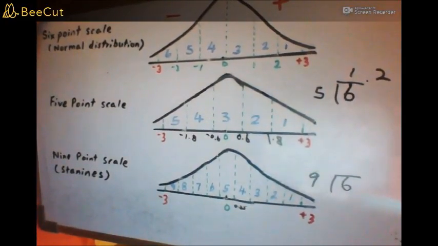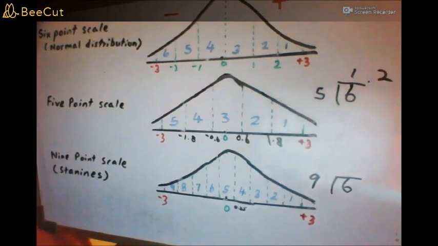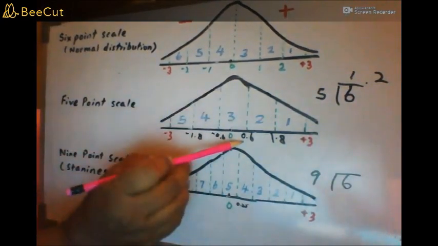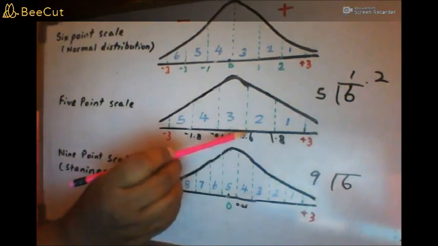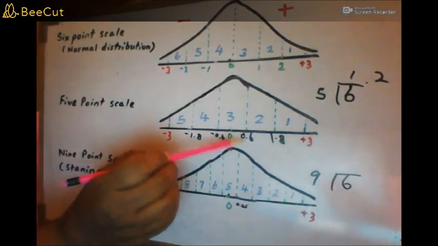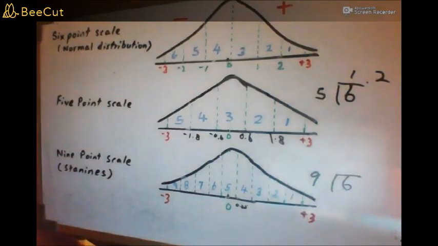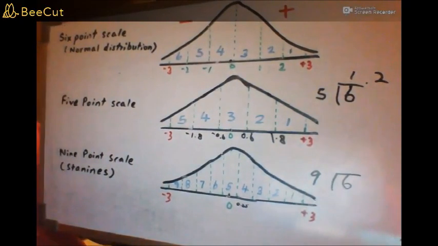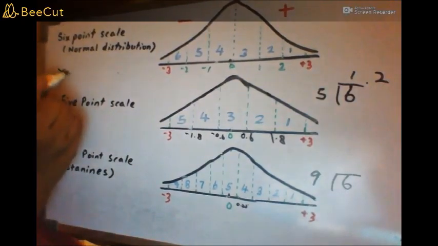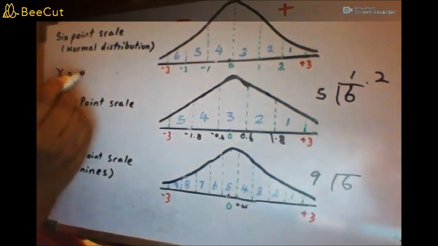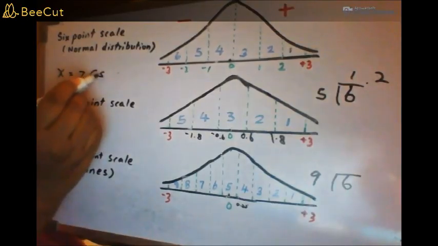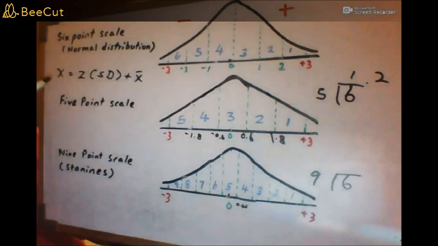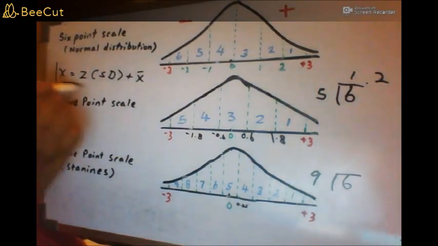We are not going to do the calculations for 5-point and 9-point, but here the Z score is given. We know the Z score. If we want to find the relevant mark, right, then we have to get this formula. What is the formula to find a mark? X equals what? Z into standard deviation plus X bar. Remember this, right? If you want a mark, this is the formula.